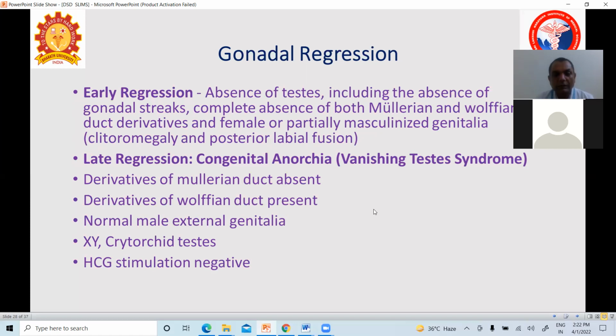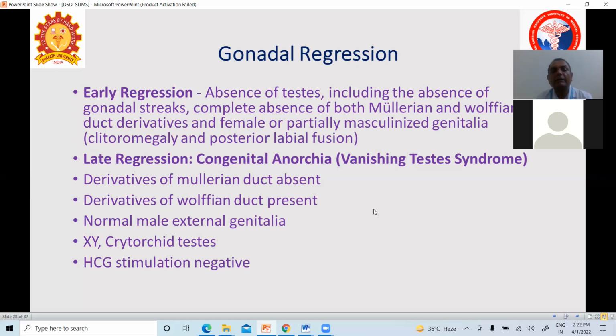So you are not getting Mullerian derivatives, and you are not getting derivatives of Wolffian structures. Either streak gonads or absent gonads can be there. And as I told you, the default setting is to develop into female genitalia, so clitoromegaly and posterior labial fusion can take place in gonadal regression syndrome.